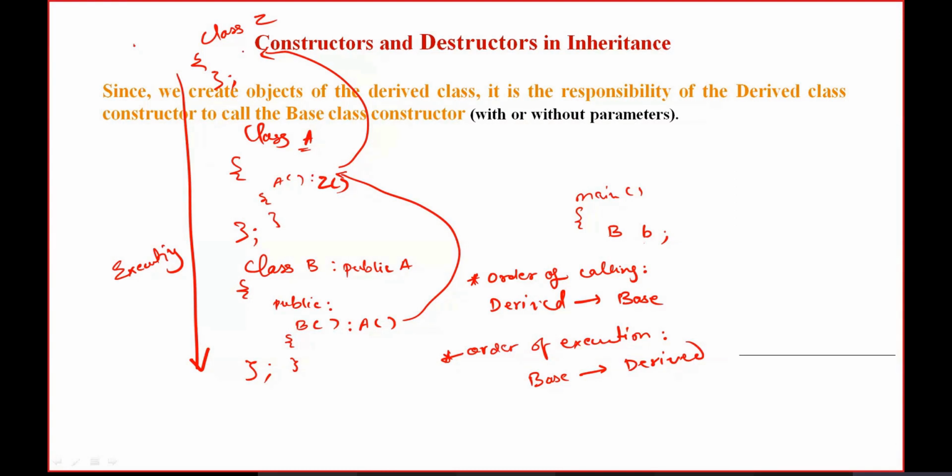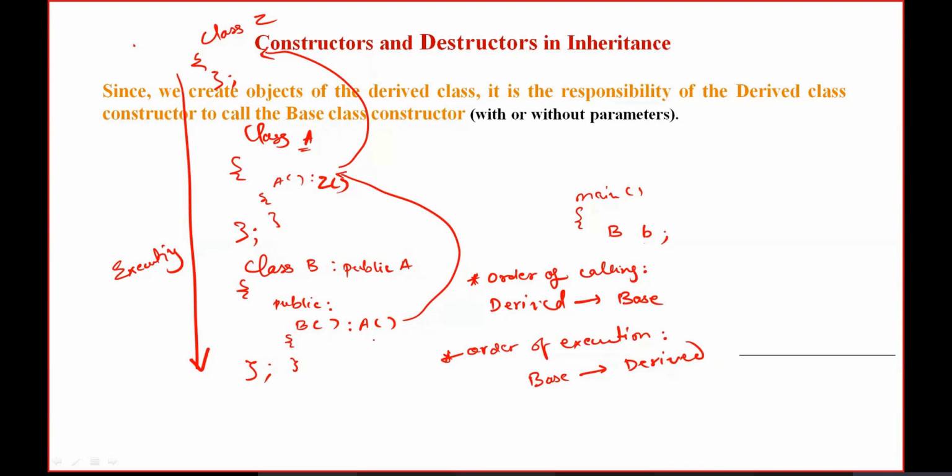So Z's data members will be initialized first, followed by A's data members, followed by B's data members. Clear on this? This is very important, order of calling and order of execution.